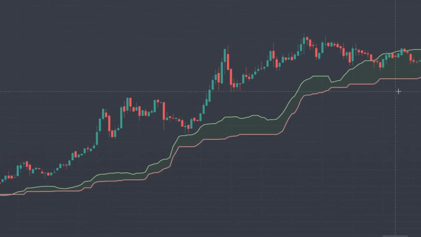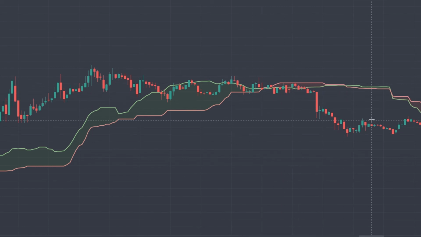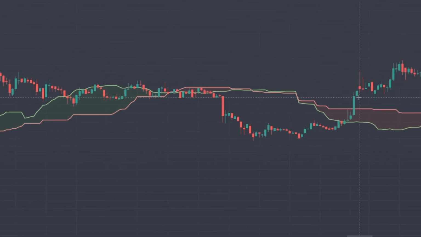If the line or clouds do get thin, it is quite easy to break below. Notice how over here we actually break below quite easily, and over here we break above quite easily.